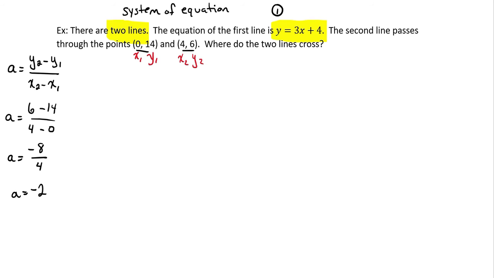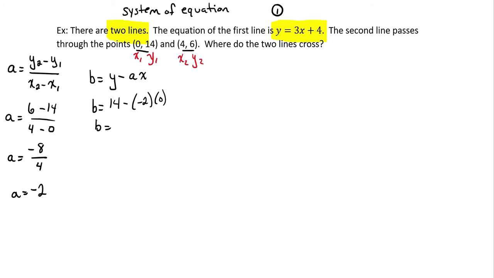We also need to find b, right? To find the equation of any line, we need a and we need b. So remember, b is y minus ax, and we can use either of these points, our 1s or our 2s. Let's use our 1s. b is 14 minus a, which is negative 2, times x, which is 0.